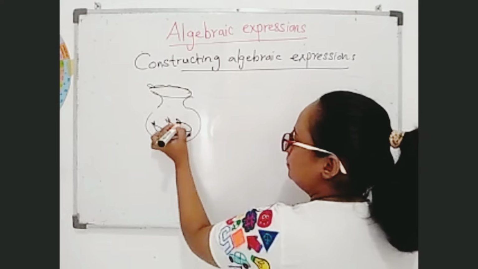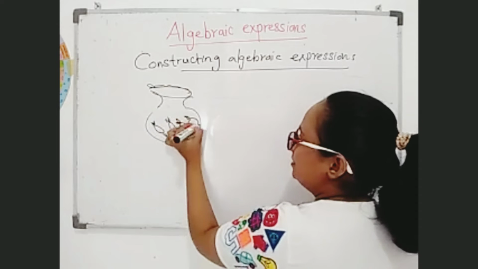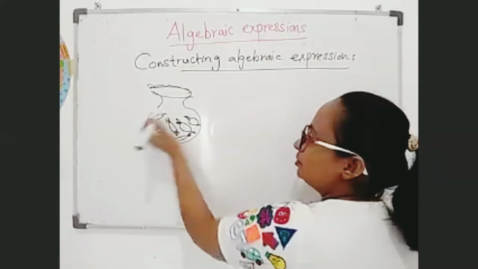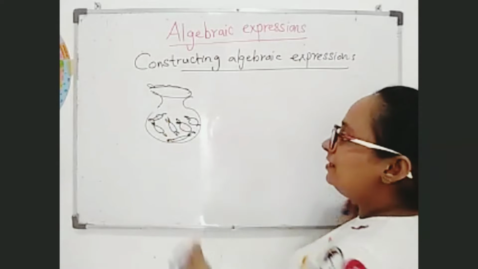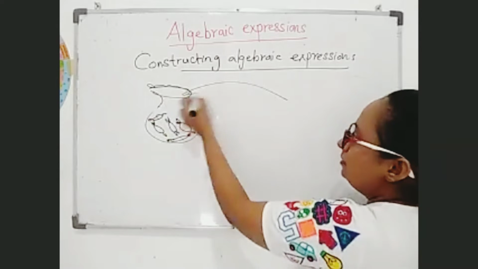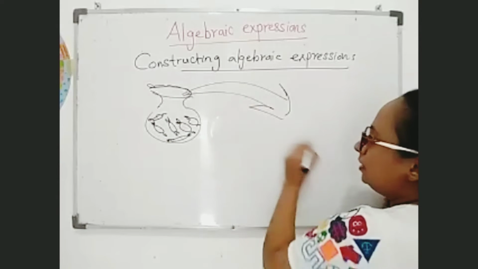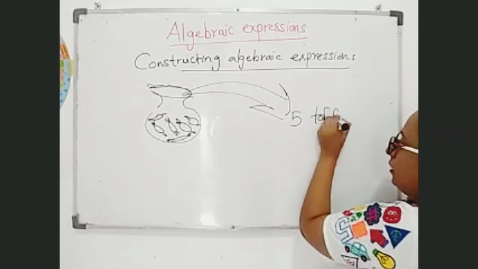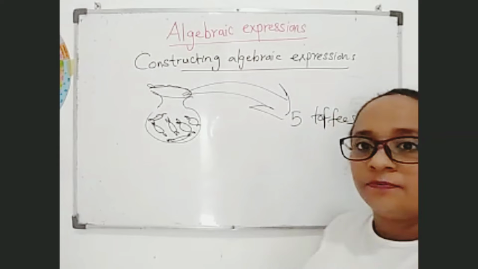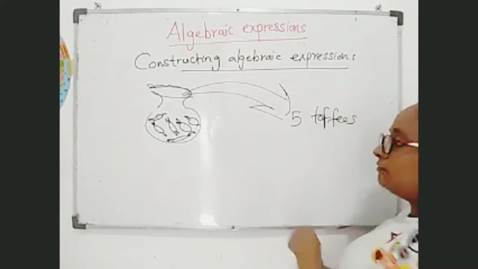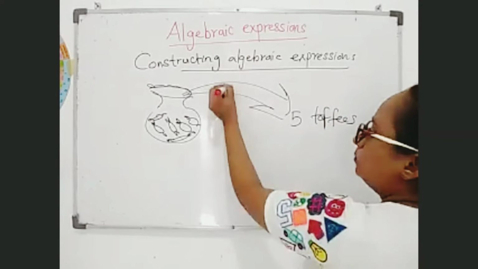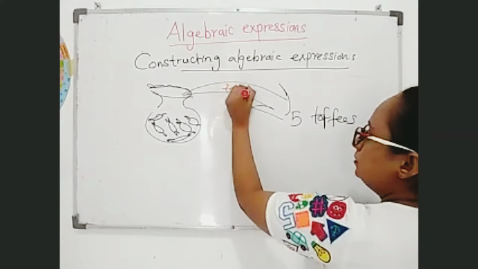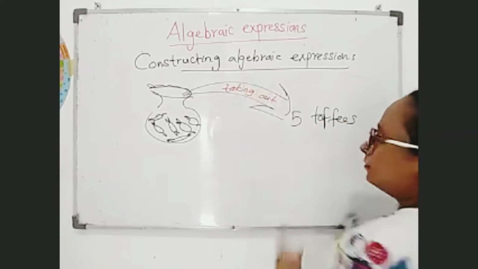You can draw it in a nice way. I'm just trying, okay? And I'm taking 5 toffees from that, right? I'm taking out, right? Taking out.